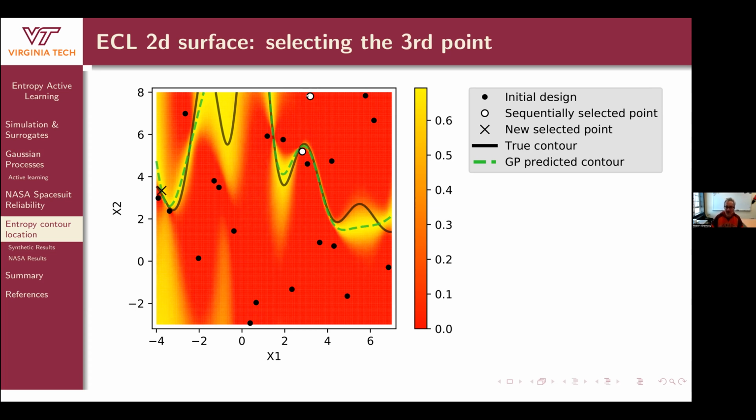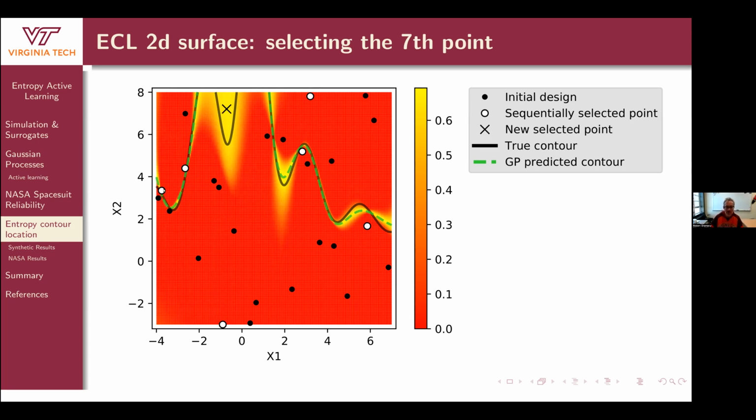I acquired data there. I learned that the contour is nowhere near that location. And I repeat. The next location to choose is that one. So I take that one, and then the next location to choose is this one. So I take that one. And you can see that although I'm not always accurate about where I'm sampling as far as where the contour is, it is giving me a lot of information about the response surface, and that information is getting collated into where I believe the contour is.